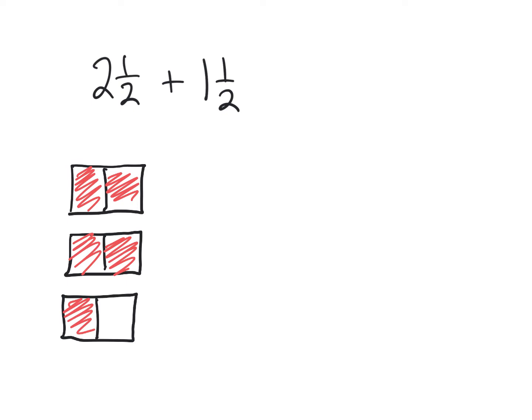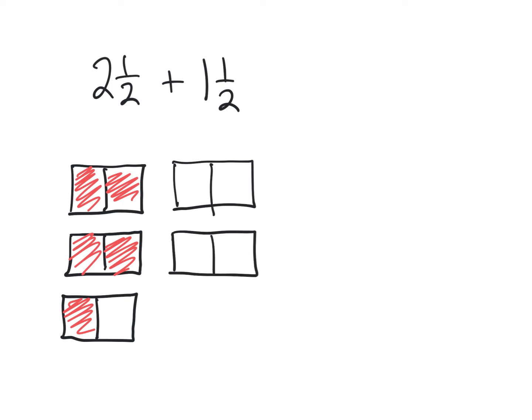So now I'm going to draw another model that's going to have 1.5. I chose the wrong color. Cut them in half, and then I'm going to shade in 1.5.